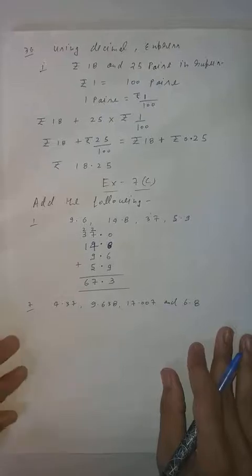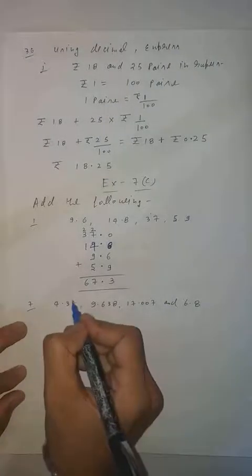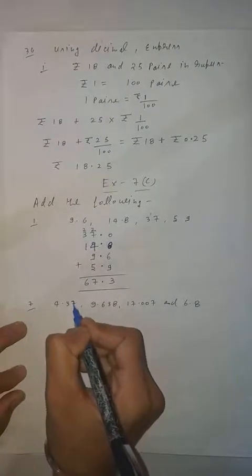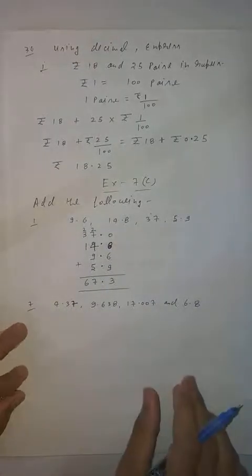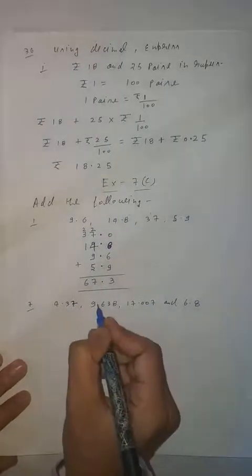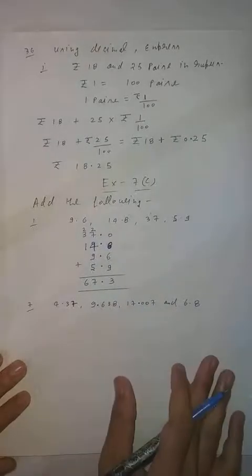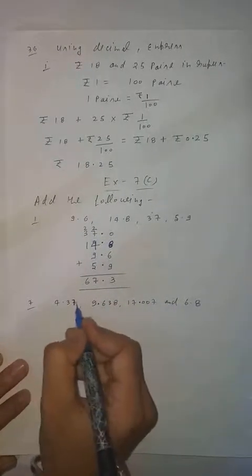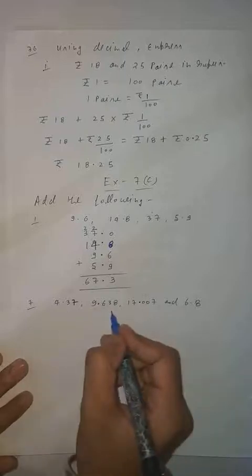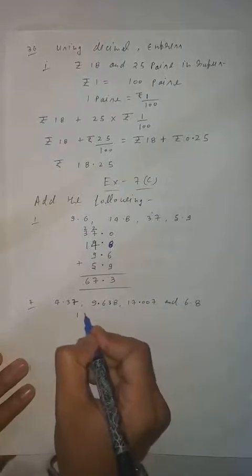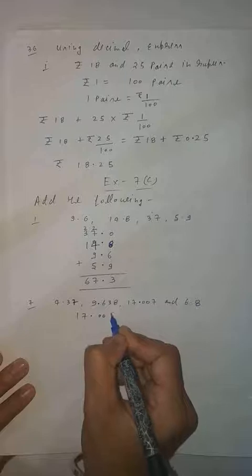Acha, now first you have to convert in like decimal. Now like decimal I explain how to convert. You have to see after decimal which having maximum digits. So you can see after decimal here 3 digit, after decimal 3 digit. So after decimal there should be 3 digit in every number. So what you will do? You will increase 1 0 here. So first write down 17.007.